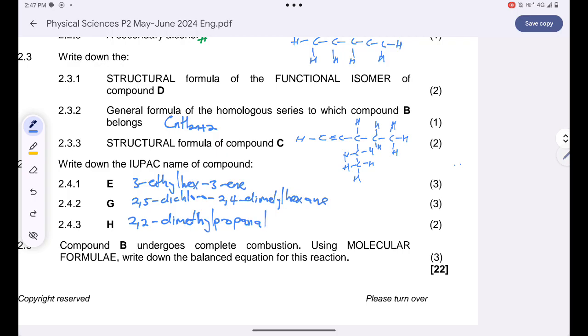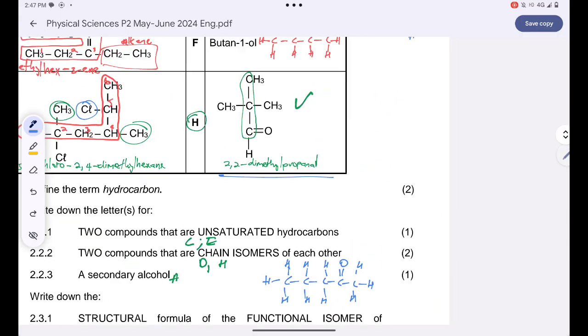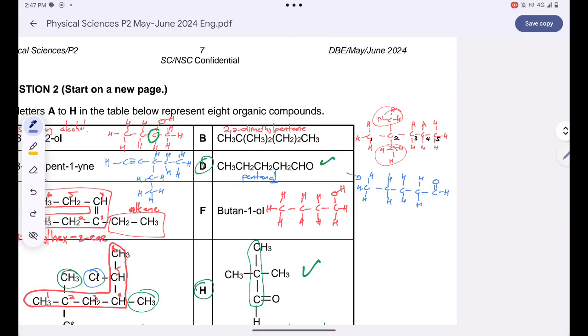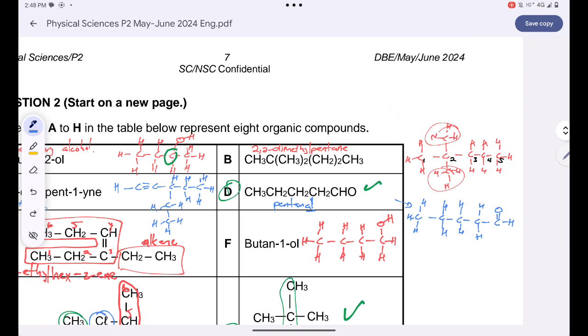Okay, now we're told that compound B undergoes complete combustion. Use the molecular formula to write down the balanced equation for this reaction. The molecular formula for compound B: how many carbons do I have over there?